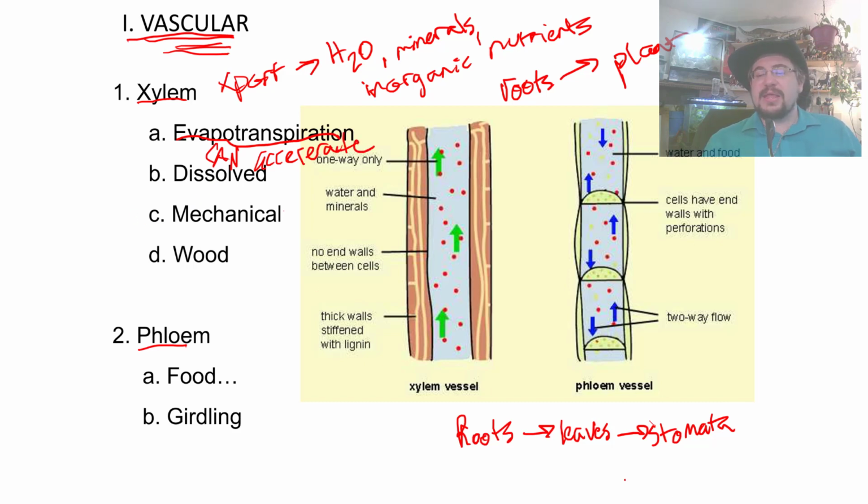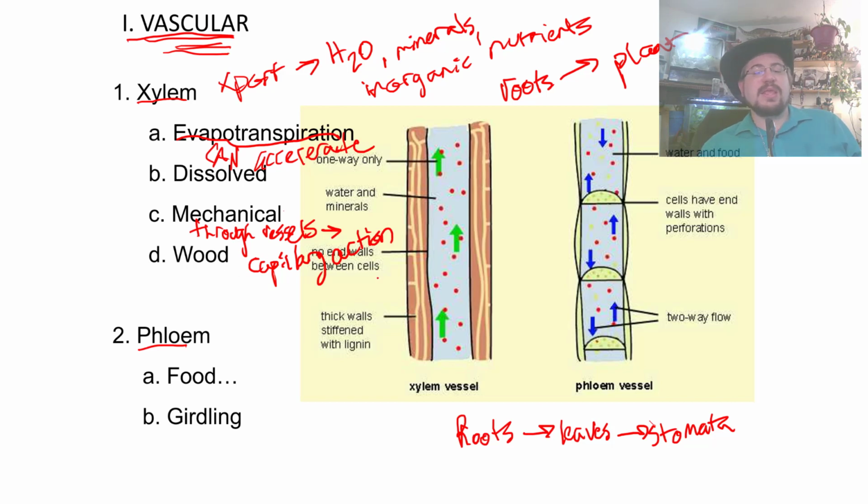So, as I said, it contains dissolved minerals and inorganic nutrients like nitrates and phosphates. These are transported mechanically through the vessels. And that mechanical transport is capillary action.